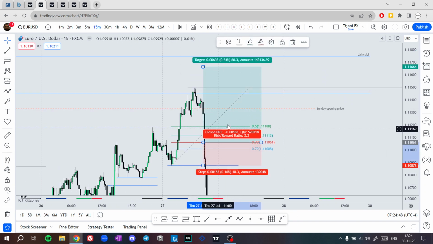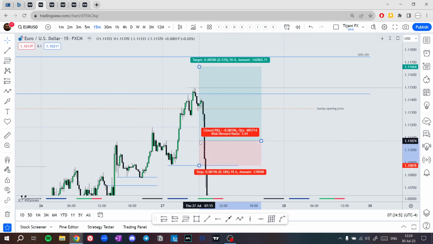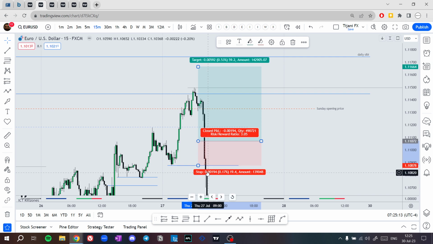This trade for me, I entered respecting my edge, respecting my rules. The only mistake I made was entering during the news release, so I don't have an edge. Even if you entered here respecting your rules, during that interest rate release of the euro, I don't have an edge anymore. So price is just checking me out.